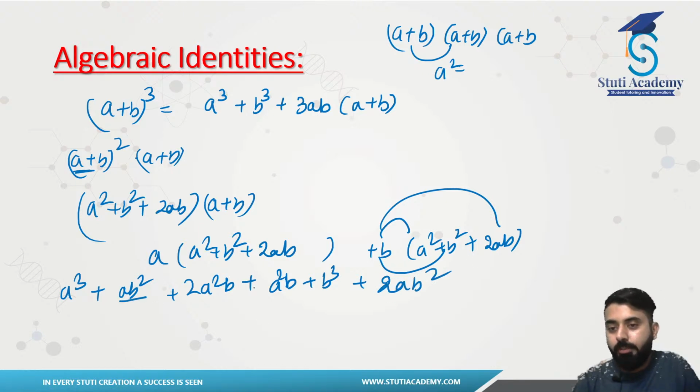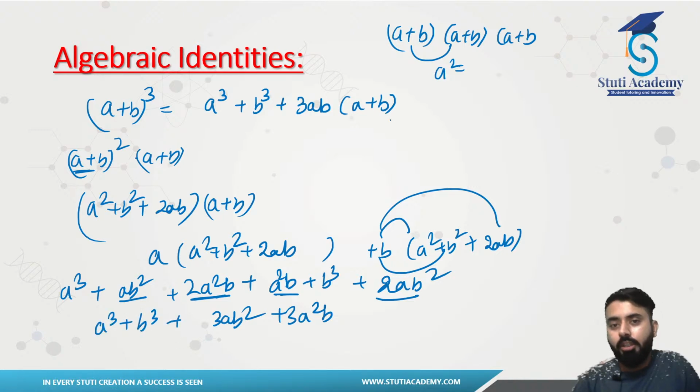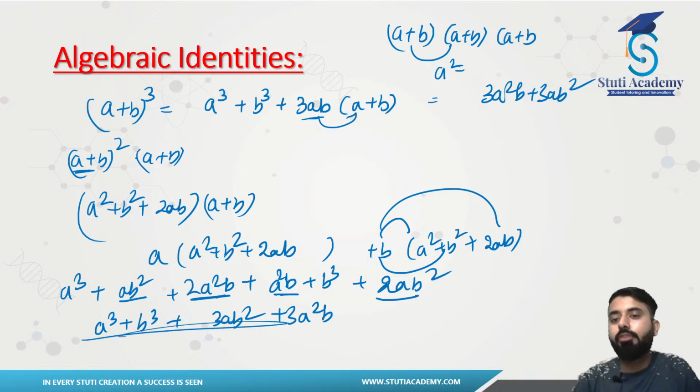So ab square plus 2ab square is 3ab square, and 2a square b plus a square b is 3a square b, and you have a cube plus b cube plus this. If I just multiply these two here, it will be 3a square b plus 3ab square. So in short, this is the proof of your identity.